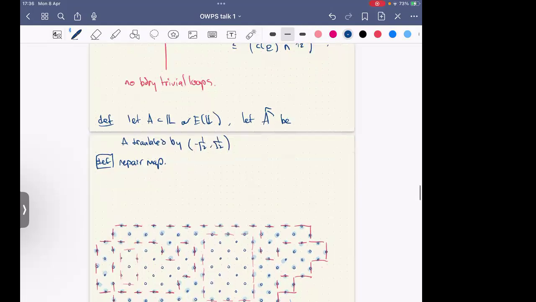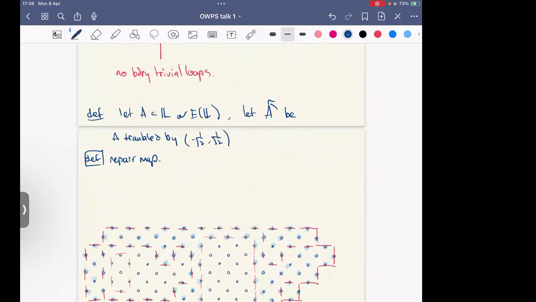Okay, so again, I have some fixed gamma that I'm doing this in reference to. And it says R of some configuration is equal to, well, I'm going to keep everything the same on primal clusters. This is the vertices strictly inside primal clusters. And then I'm going to take everything inside dual clusters and shift it.